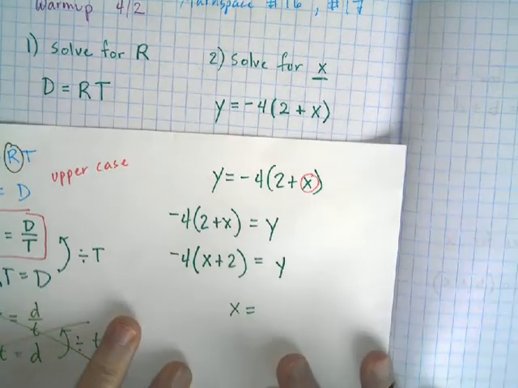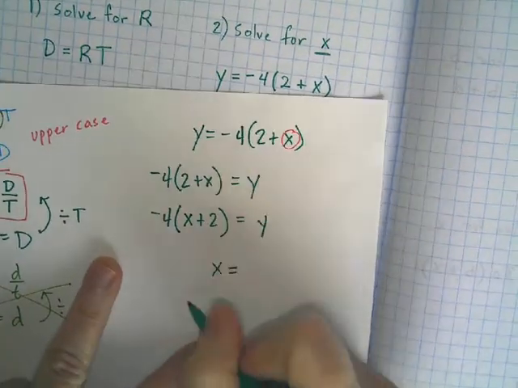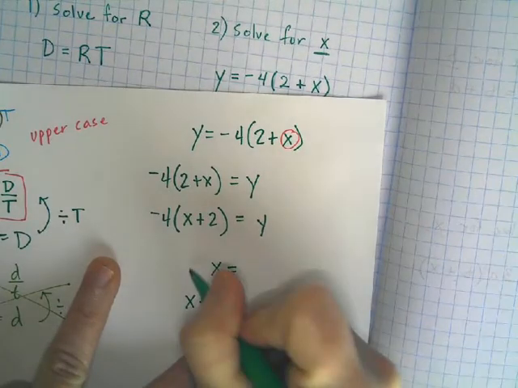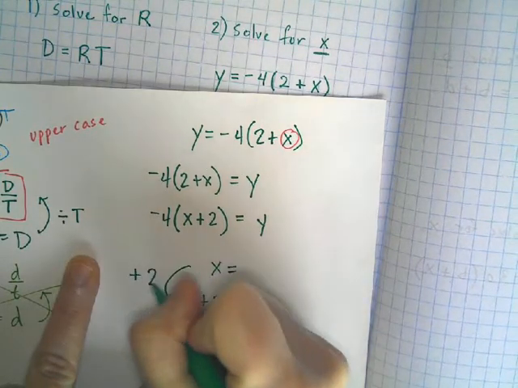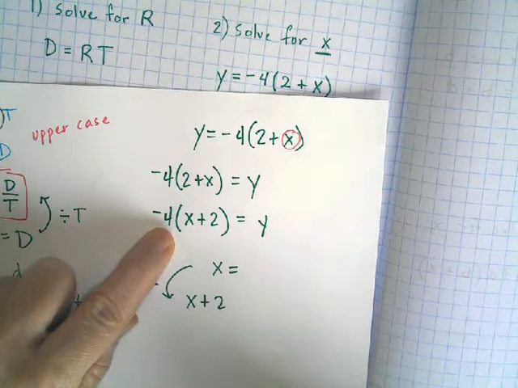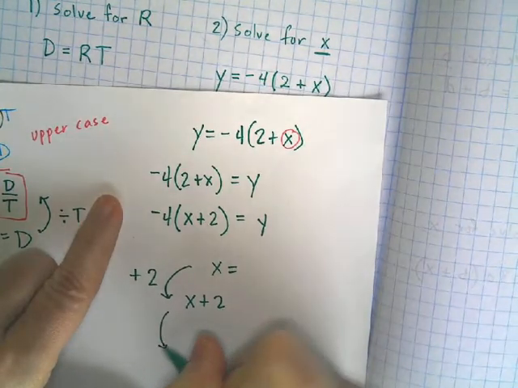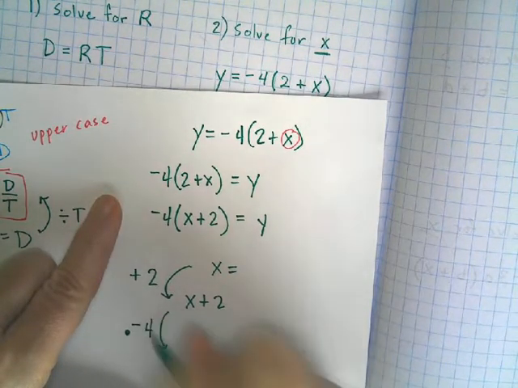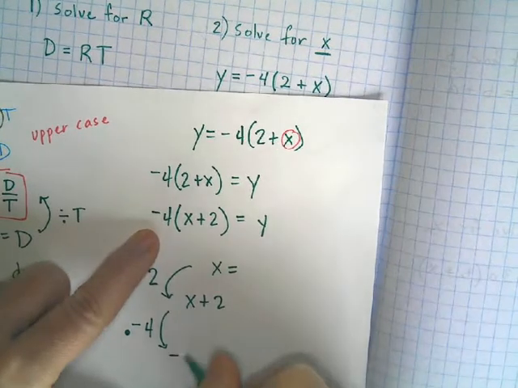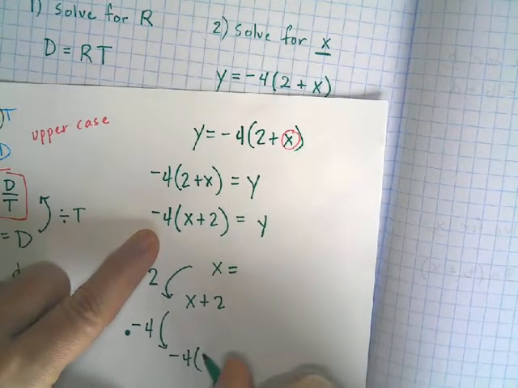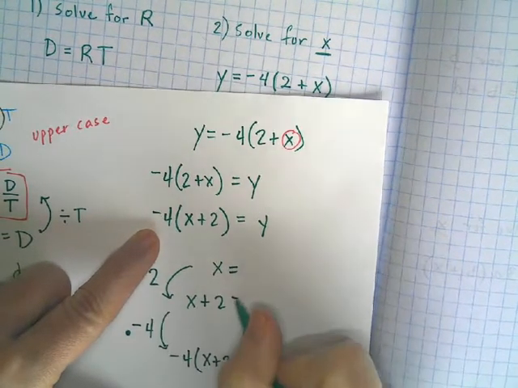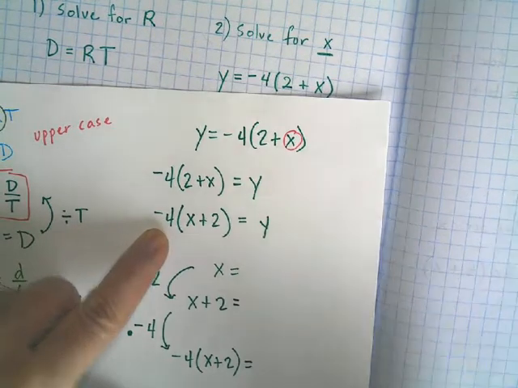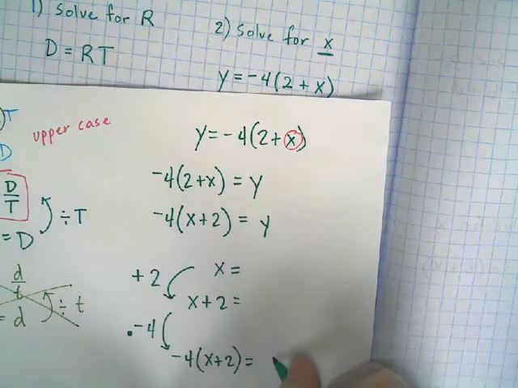Remember, parentheses first. Then it's being multiplied by -4. So I'm left with -4 times (x plus 2), and that's everything, so that equals y.